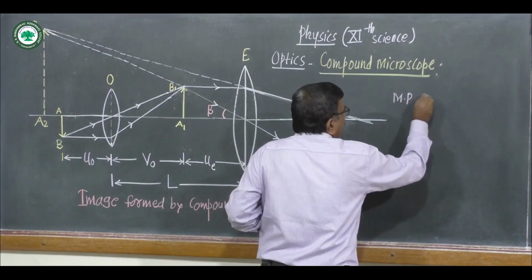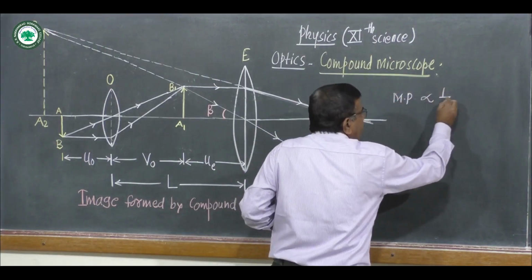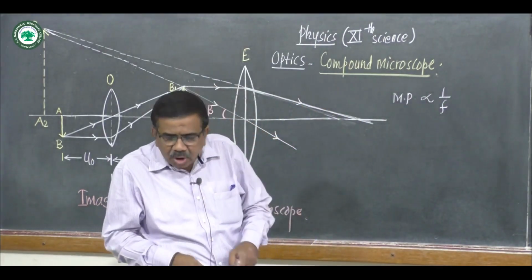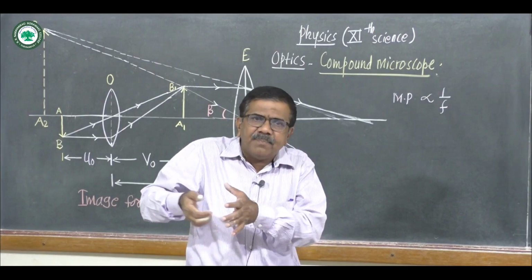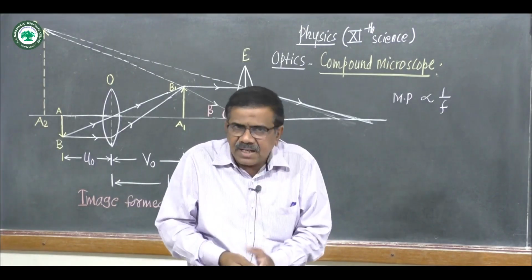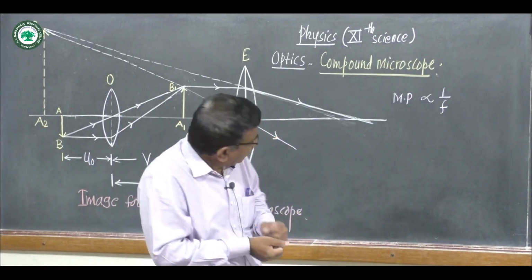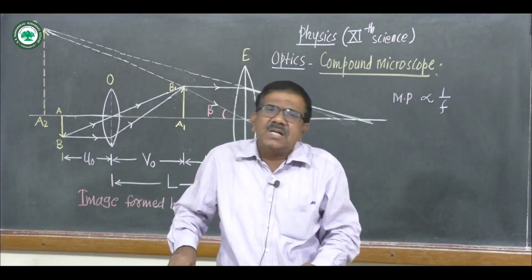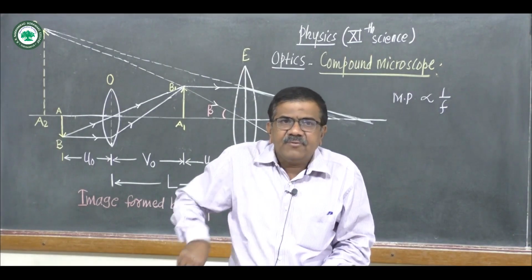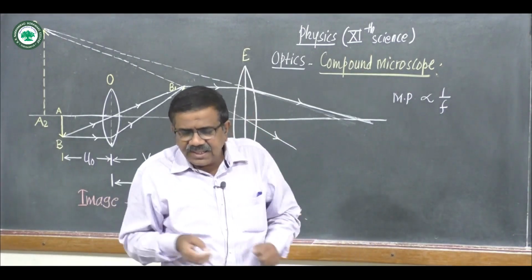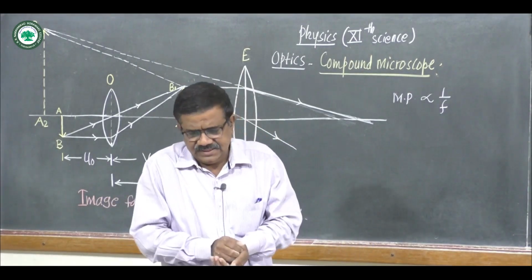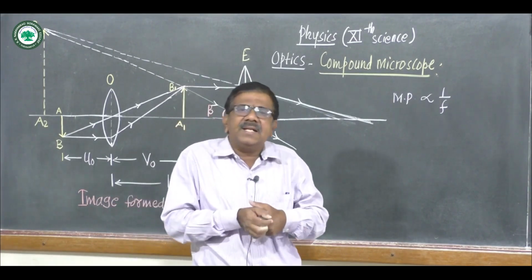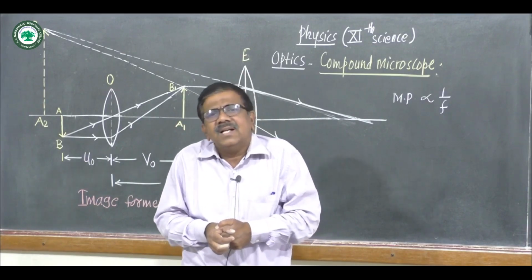And we also know the magnifying power of the simple microscope. Its magnifying power is inversely proportional to its focal length. For a smaller focal length, the magnifying power is large. It means to increase its magnifying power, the focal length of the convex lens must be small. And for a small focal length, the lens is thick, and for such a thick lens, spherical and chromatic aberrations are dominant.